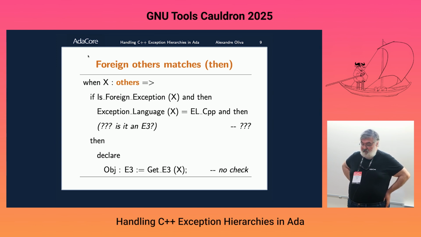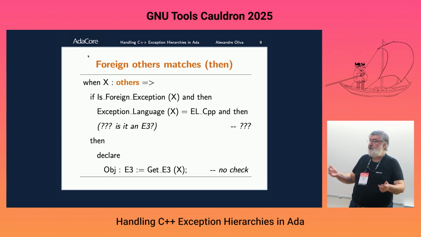And there was another limitation that we have overcome with the recent extensions, which was that you could catch any kind of exception with the catch-all, and then you could test that it was a foreign exception. You could test that it came from C++, but you couldn't tell which type that object had.